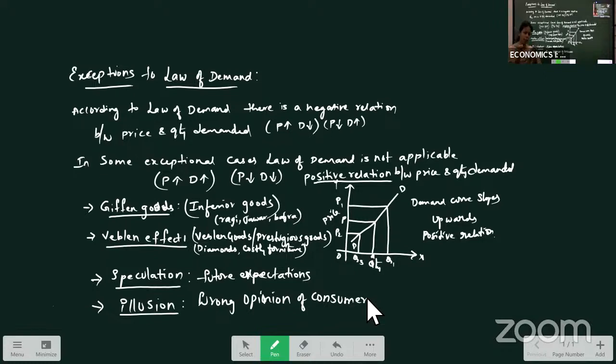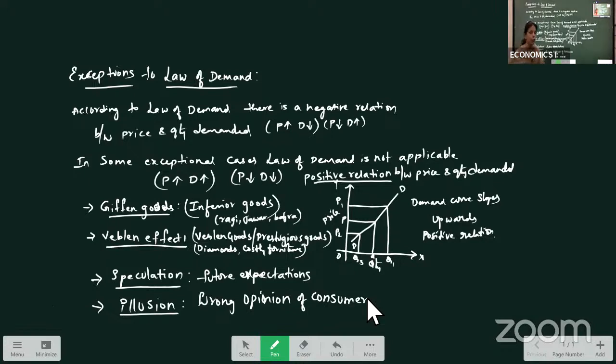Generally, all of us, at some point of time as consumers, feel the same thing. If the price of a product is high, we feel that it is of good quality, right? So when the price is decreasing, we feel that they are not giving good quality. It may be poor quality, or sometimes when they give a discount or reduce the price, we feel that maybe the quality is not good. That's why they are giving it at a lower price.